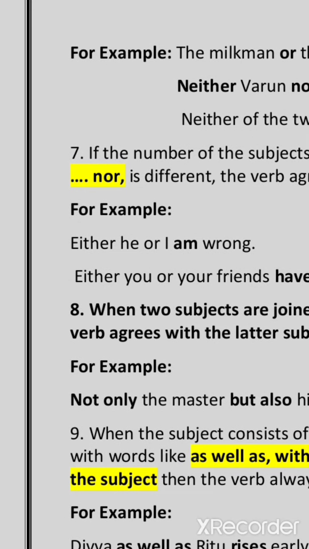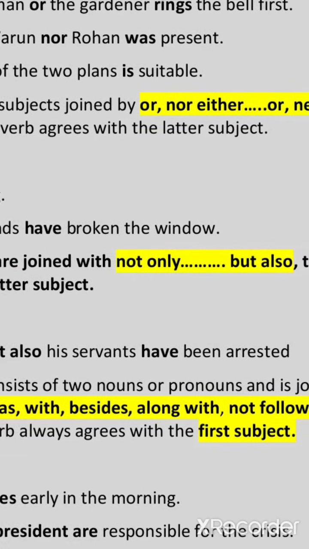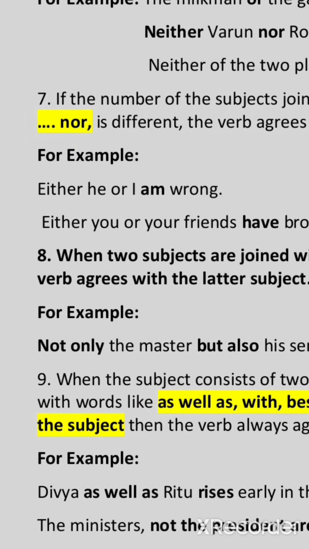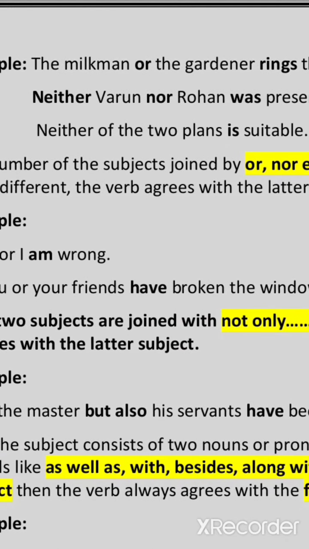Now coming to rule number 7: if the number of the subjects joined by or, nor, either or, neither nor is different, the verb agrees with the later subject. Now see children, in the examples we took earlier both subjects are singular, but sometimes you will notice that in the sentence one subject is singular and the other is plural, and they are joined by either or, neither nor.